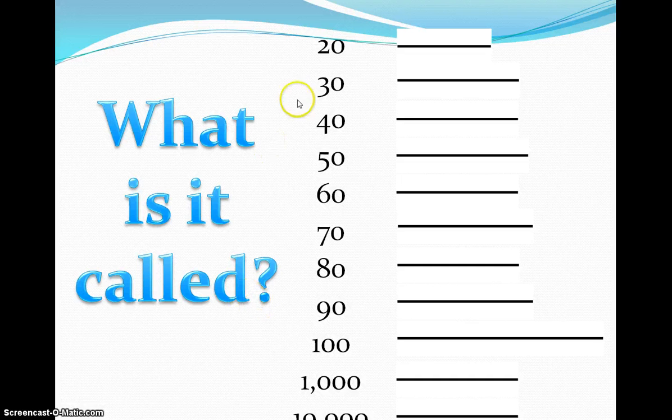There are 11 up here: 20, 30, 40, 50, 60, 70, 80, 90, 100, 1,000, and it's getting cut off because I couldn't fit it all on my screen, but 10,000 here. I would like you to find the names of what a 20-sided polygon is called, a 30-sided polygon, a 40-sided polygon, all the way up.